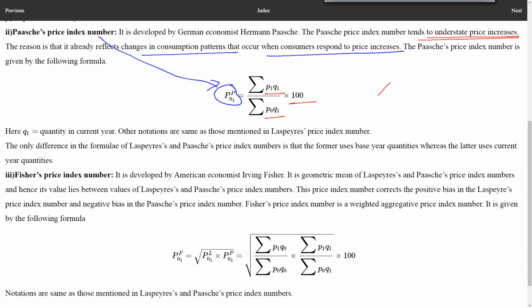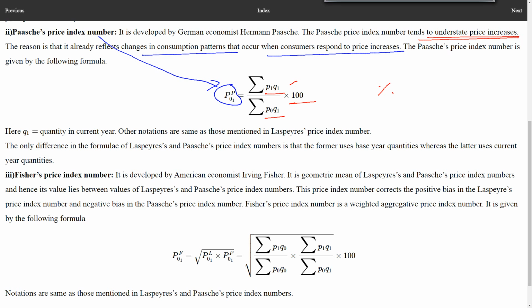The ratio is multiplied by 100 because we are going to express Paasche's price index number in percentage. In some references or in some texts, you may find that this multiplication by 100 is not given because they express the change in terms of absolute ratios rather than percentage. It is fine, both formulas are correct.